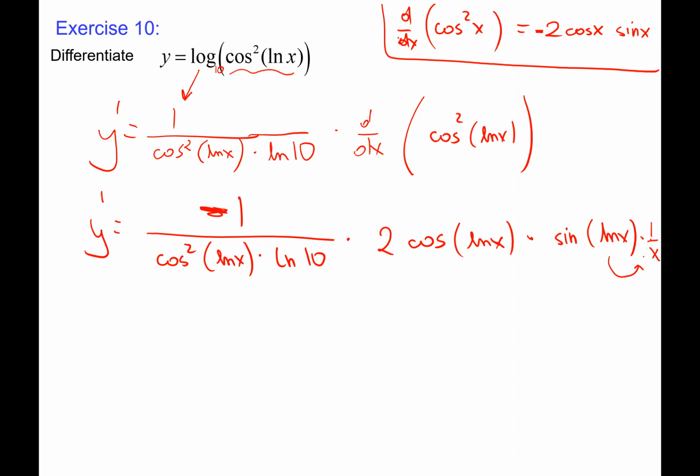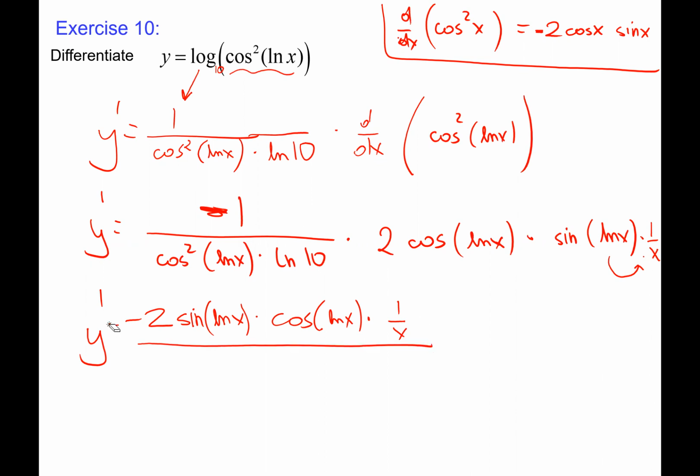So I get negative 2 sine of ln of x times cosine of ln of x times 1 over x, over cosine squared of ln of x times ln of 10.